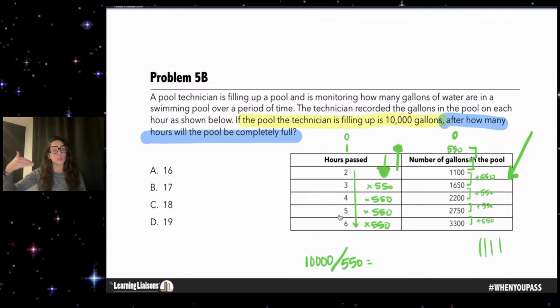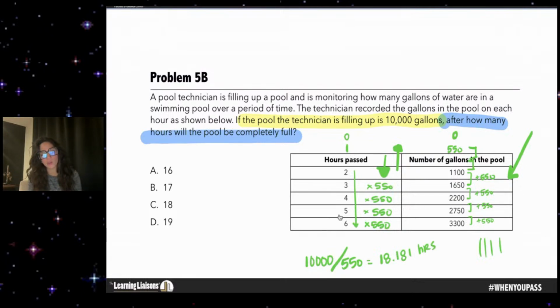If I continue with my pattern of 550, 550, 550, 550, 550, I would have 0 gallons in my pool. And so if I just multiply by 550 or do 10,000 divided by 550, I can figure out how many hours it would take. And this would equal 18.181 hours.